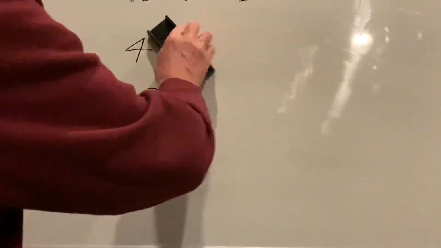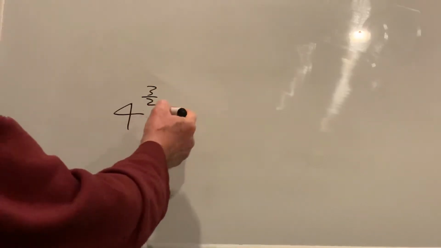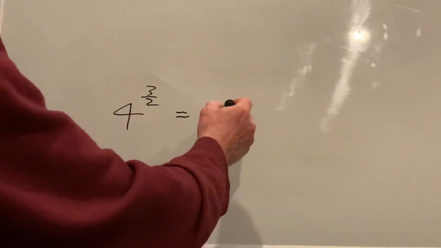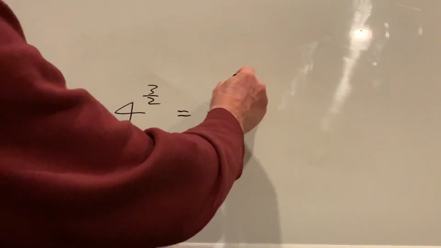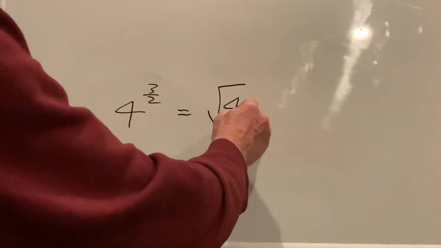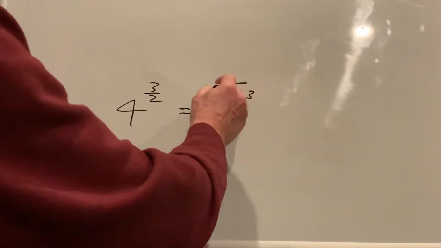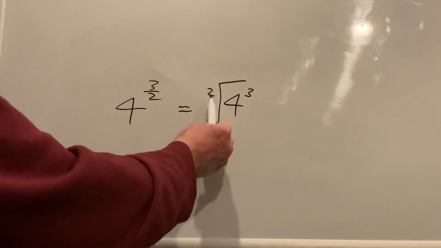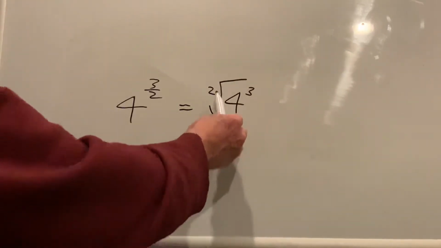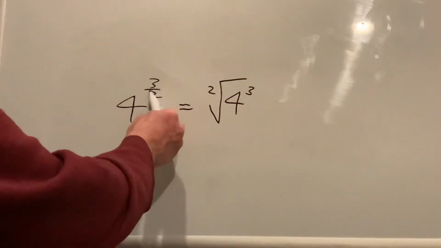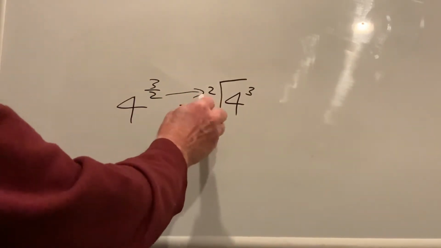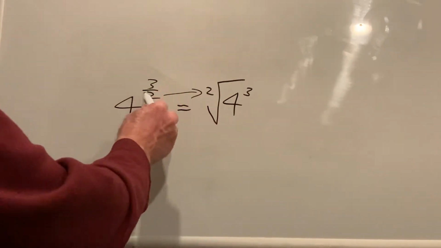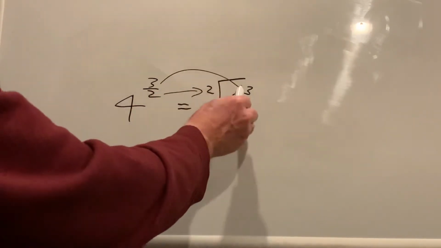But it's actually not that tricky, because 4 to the 3 on 2 equals the square root of 4 cubed. The number on the bottom goes outside, so it's the square root of 4 cubed. The 3 is on the top, so that's where that one goes.